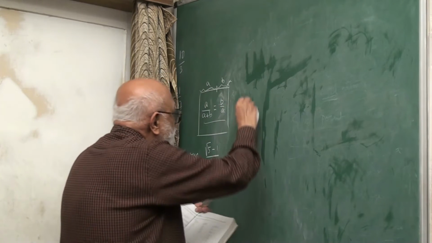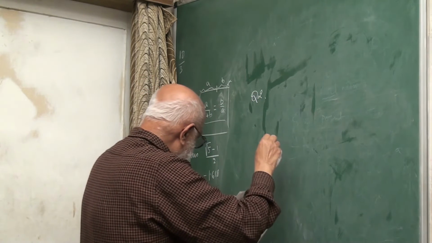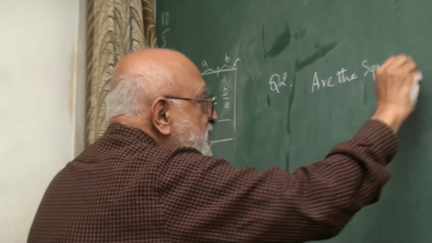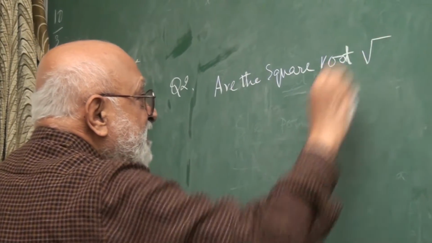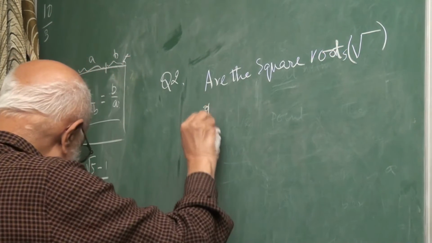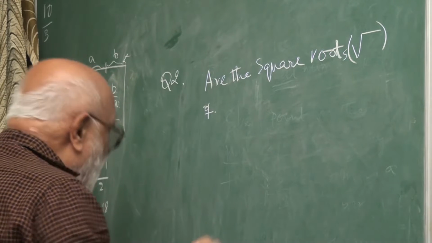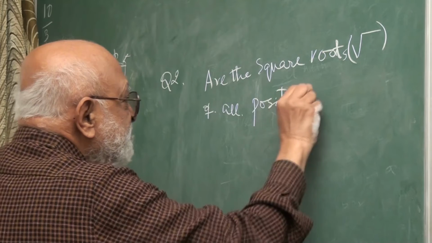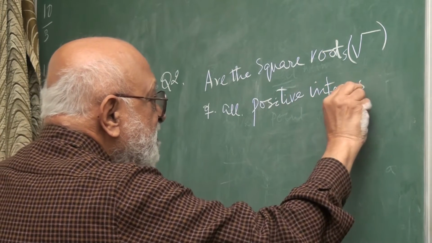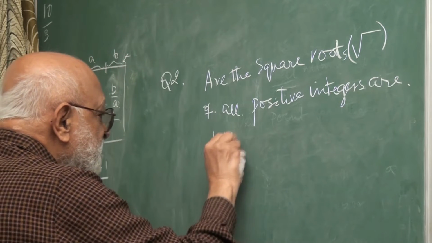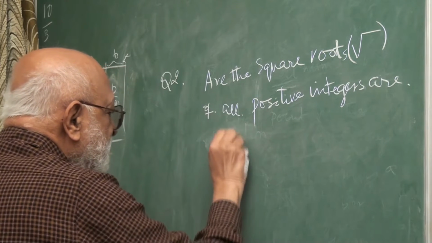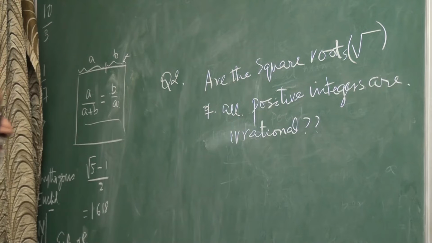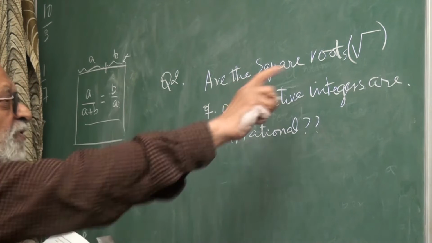So again, question number 2 says: are the square roots of all positive integers irrational?